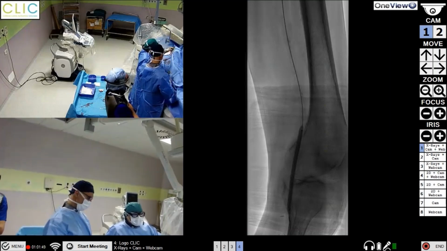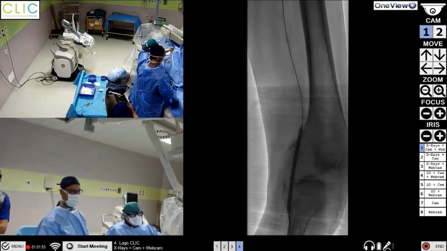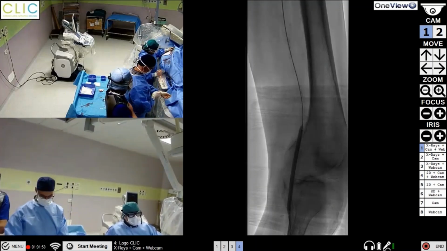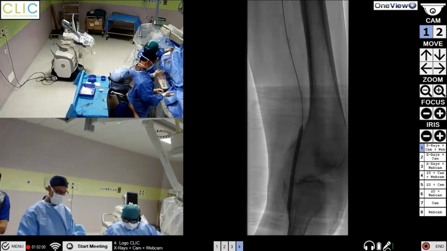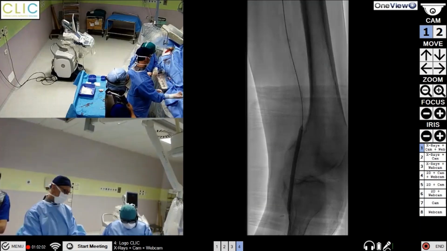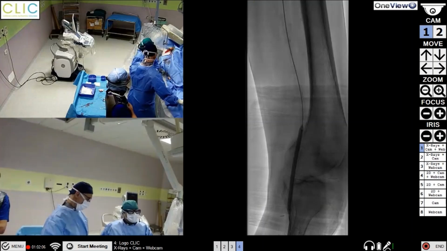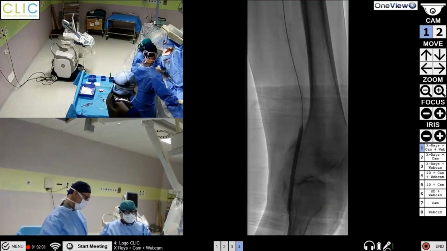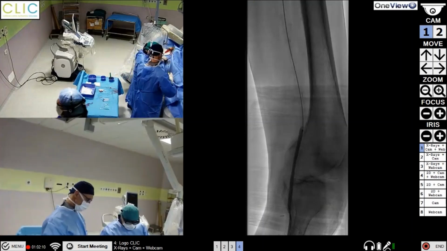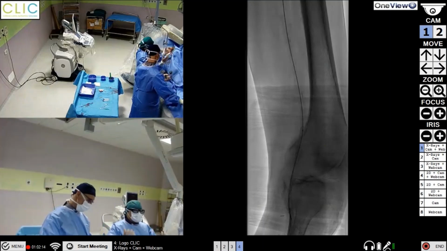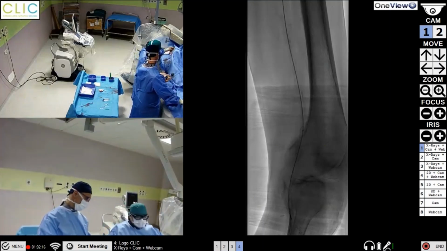But now I would like to repeat the angio of the foot altogether, so we can see the real situation, because depending on the real situation of the foot, we are going to decide our next strategy. The foot is entirely diseased.